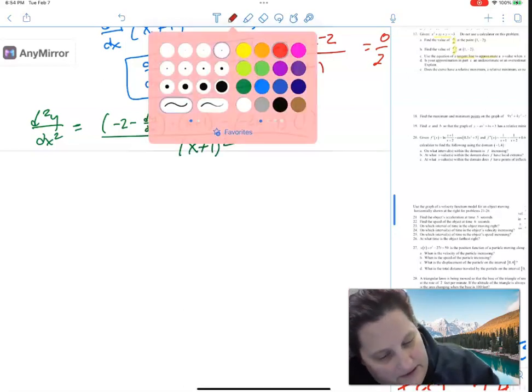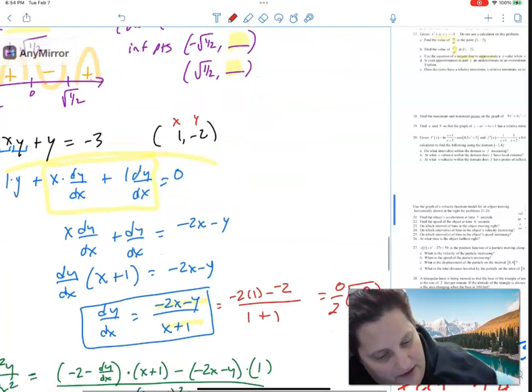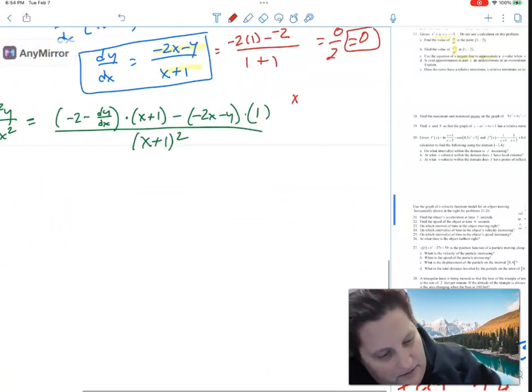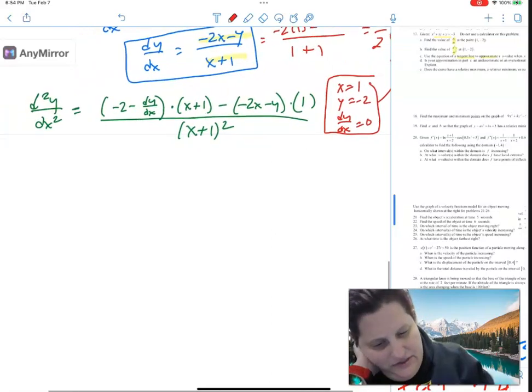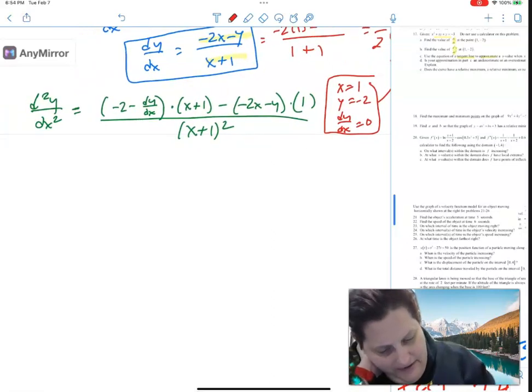Now, what I'm going to plug in here is my point. X is 1, y is negative 2, but dy dx is 0 because I found that out on my last problem. So it's actually not too bad to figure this out, right?